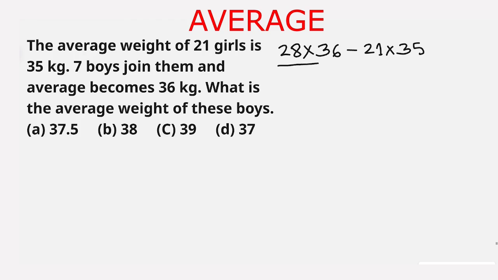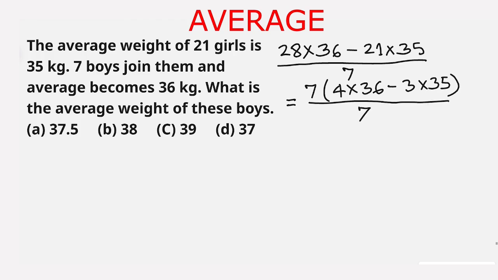So for average, we divide this by 7, and this is equal to, we take 7 common from the numerator, so it will be 28 divided by 7 is 4, multiplied by 36, minus 21 divided by 7 is 3, multiplied by 35, divided by 7. And now we cancel the 7 of numerator by 7 of denominator.